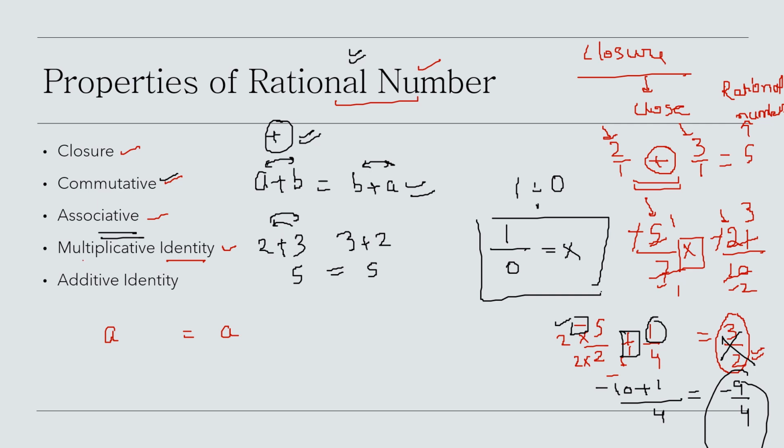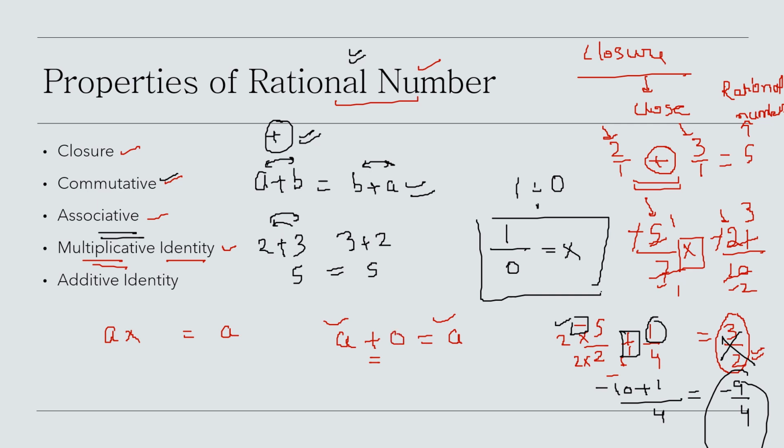Okay, now I have to apply the multiply sign. If I want identity and the result has to be the same, so for addition, what do I need to add to A? 0? Yes or no?